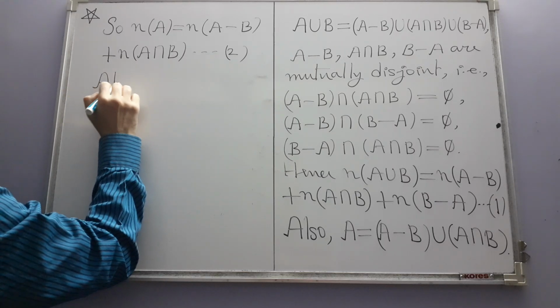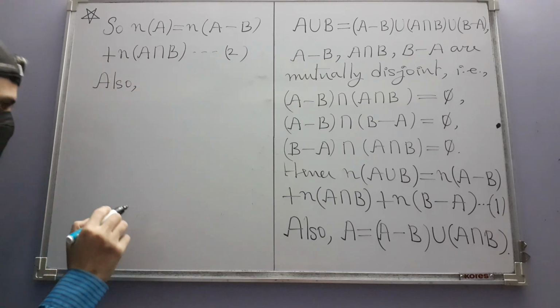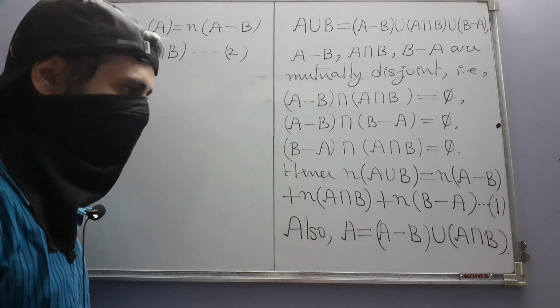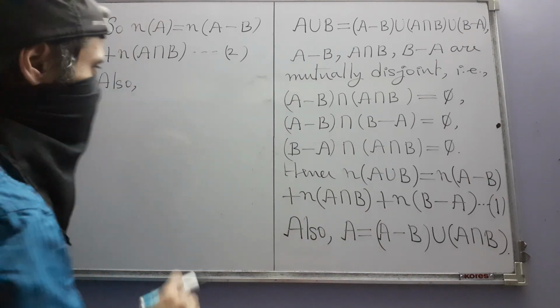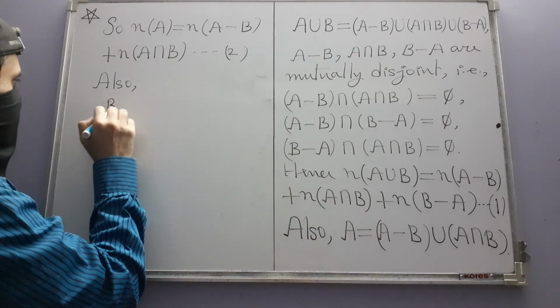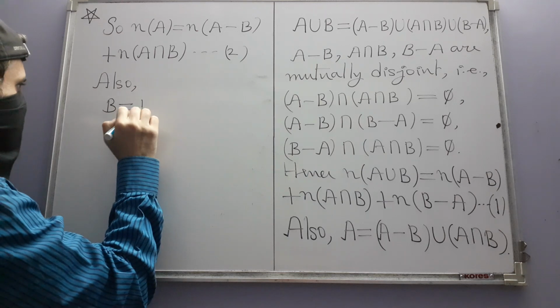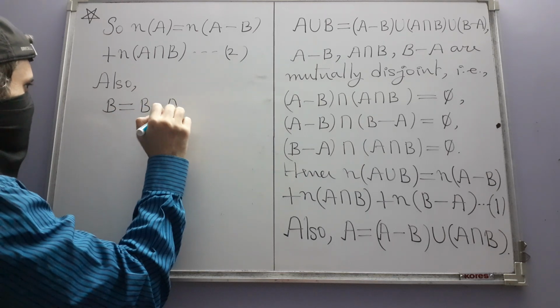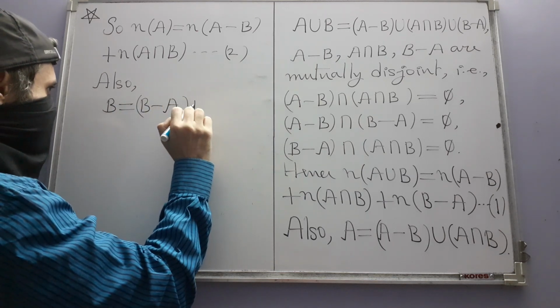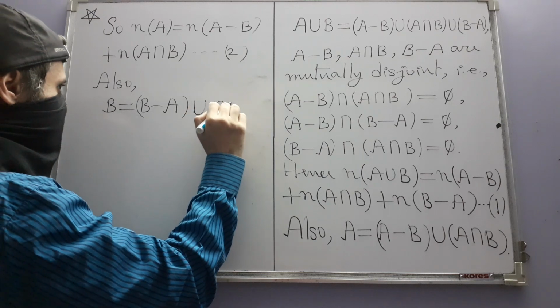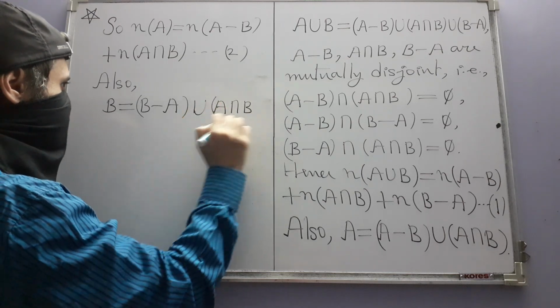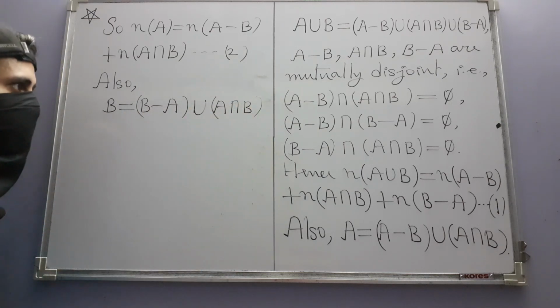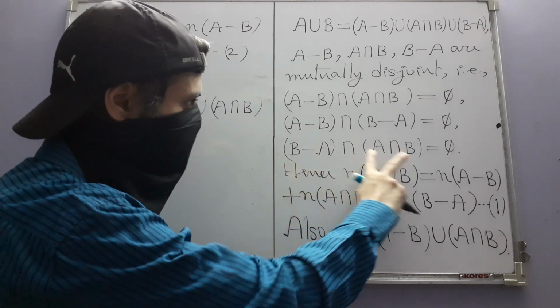Also, whatever we did with A, we can also do with B similarly, and we can recognize the fact that B is the union of B difference A and A intersection B. And these two sets are also disjoint.